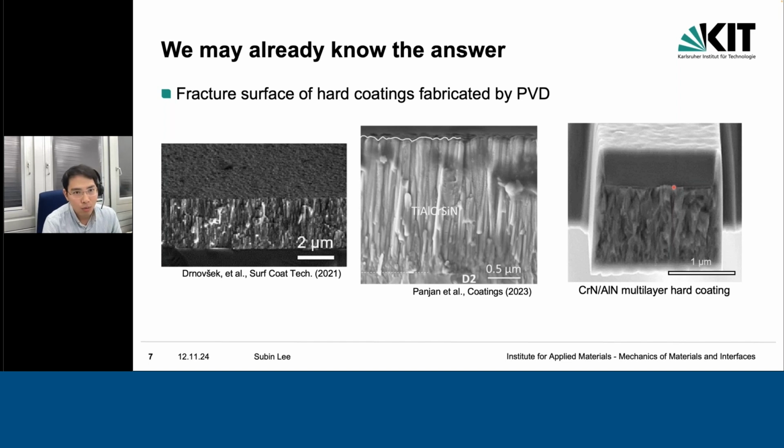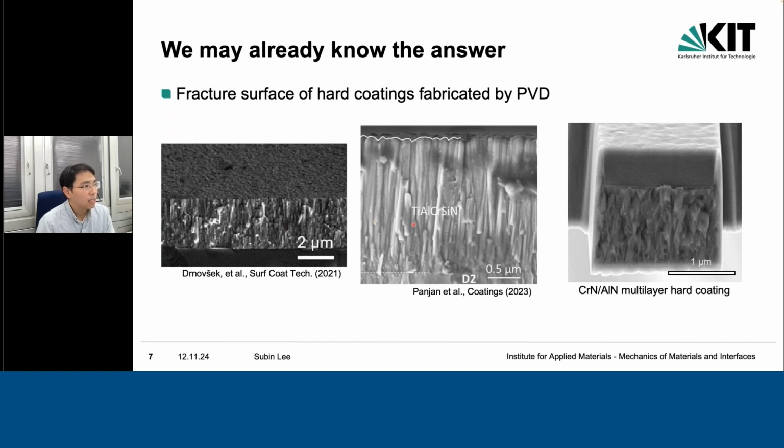What are the weakest points in our material system, especially in the hard coatings? When we break the sample, just bending it or fracturing it, then we can very nicely see the microstructure of those hard coatings, typically fabricated by PVD technique.